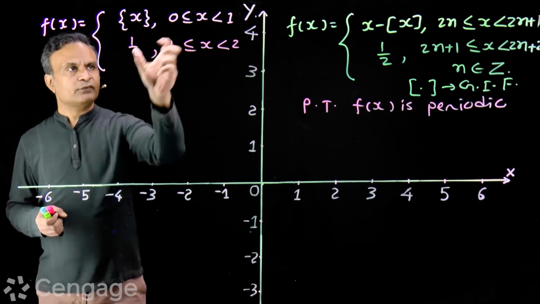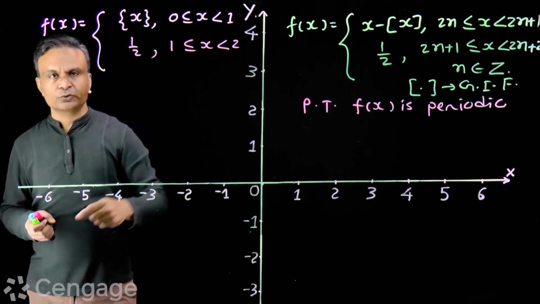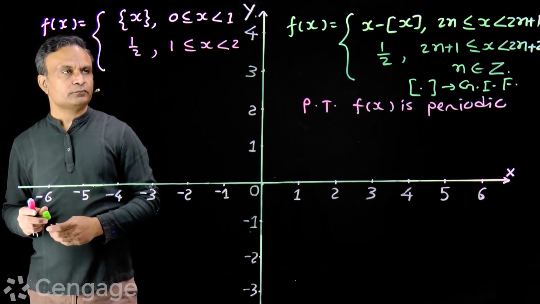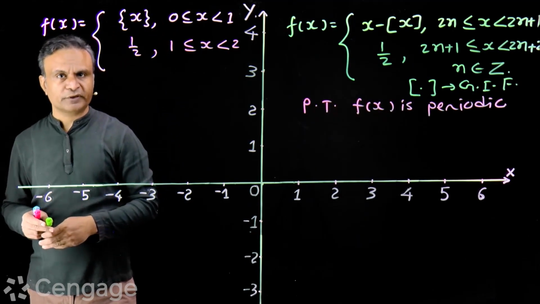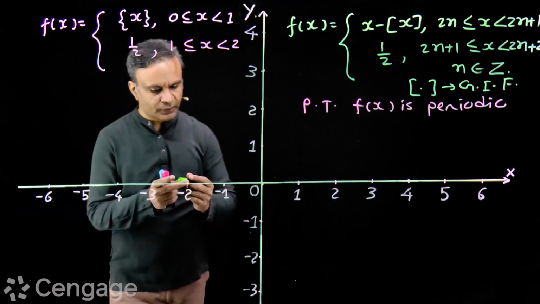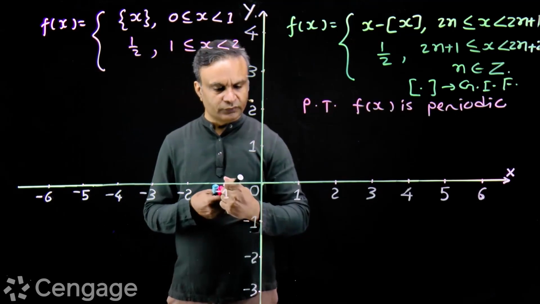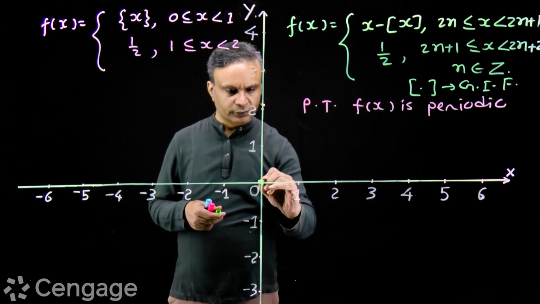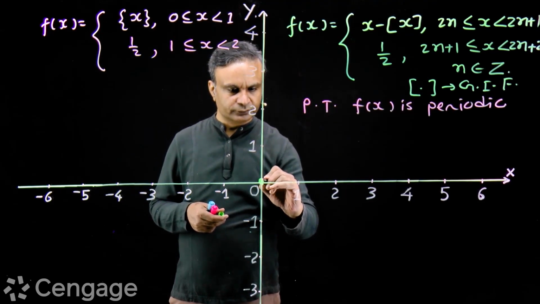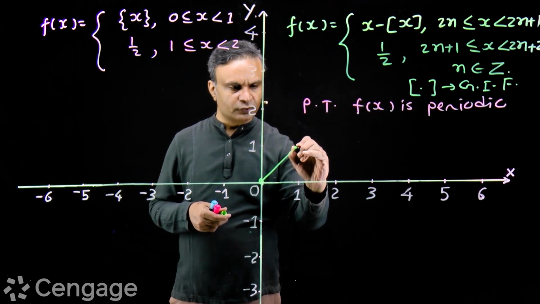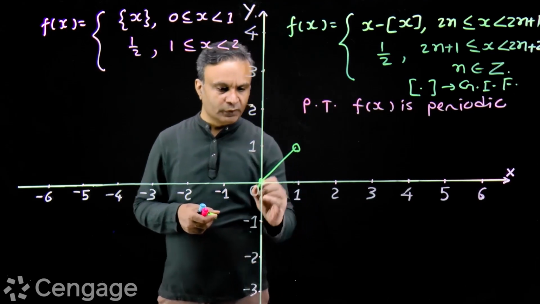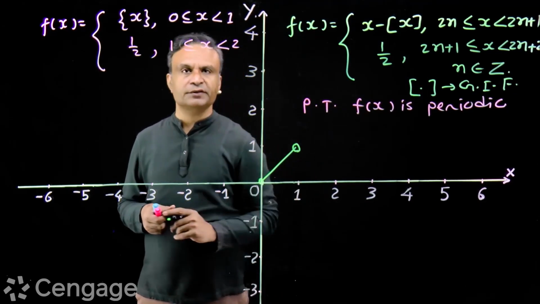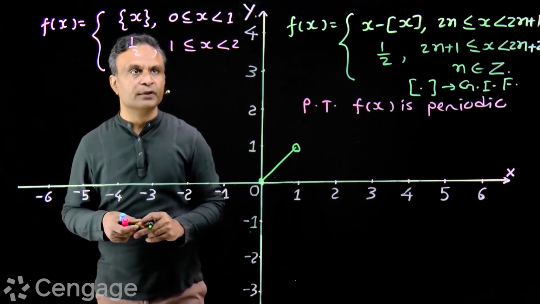Now we draw the graph of the function for x belonging to 0 to 2, including 0. For these values of x, we have f(x) equal to the fraction part of x. We know the graph of the fraction part function. Between 0 and 1, we have this graph. It is part of the line y is equal to x, including this point and excluding this point, because we have here less than 1.